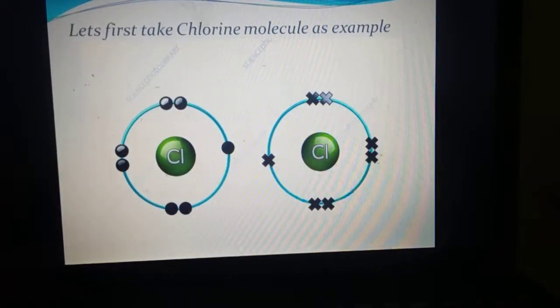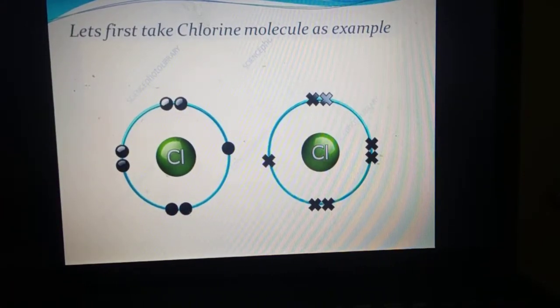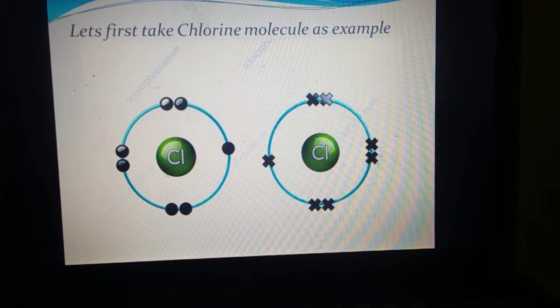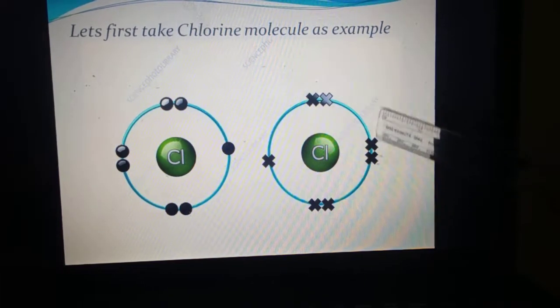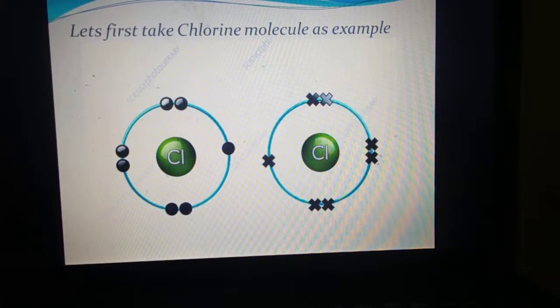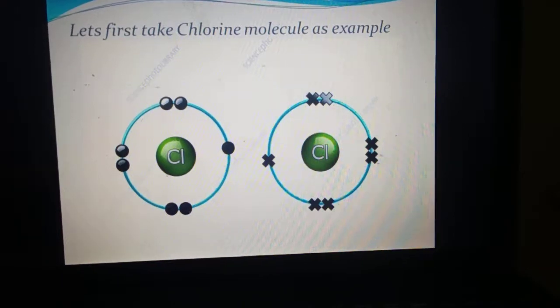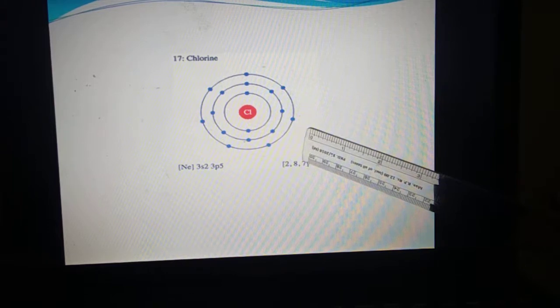Let's first take chlorine molecule as example. This is chlorine. Cl, chlorine alone is not molecule, it is element only. When Cl and Cl combine, they form chlorine molecule. As we have already discussed, chlorine valence electrons is 7.